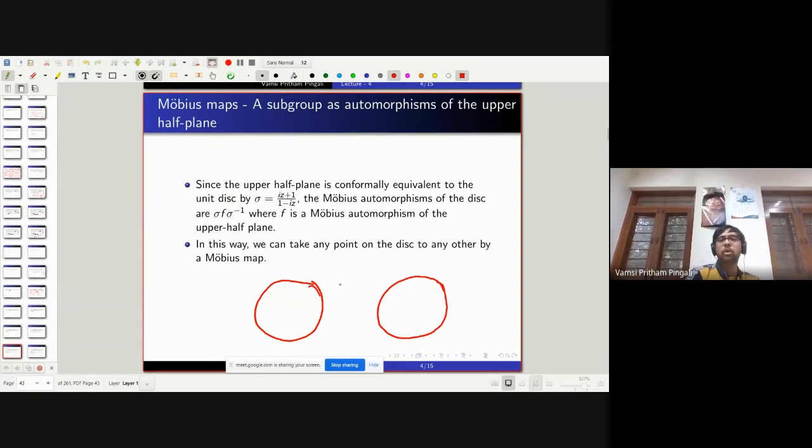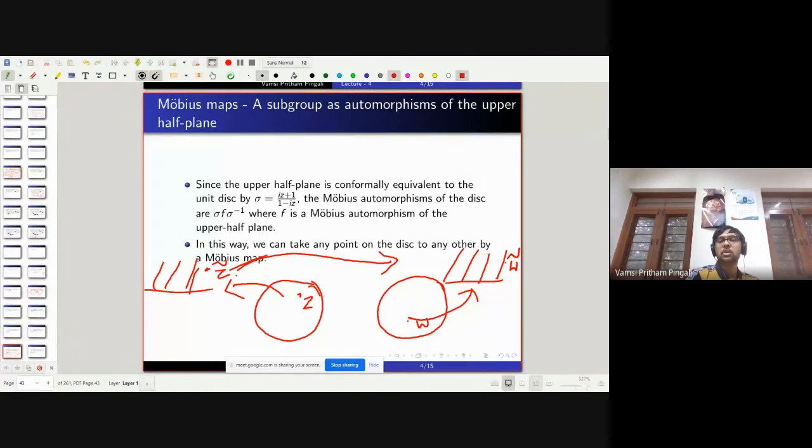So if you take any point on the disk, and if you want to map it to some other point, first of all, map this to the upper half plane. This will go somewhere, to some z tilde. Map this also to the upper half plane. This will go to some other point w tilde. And there is a Mobius map taking this to this, and you can take the inverse of this.